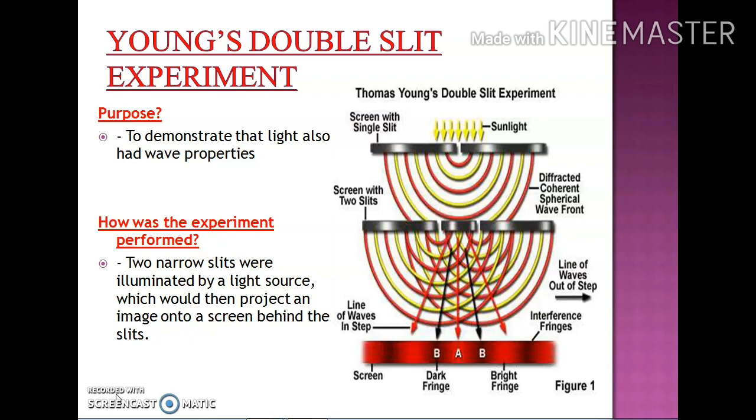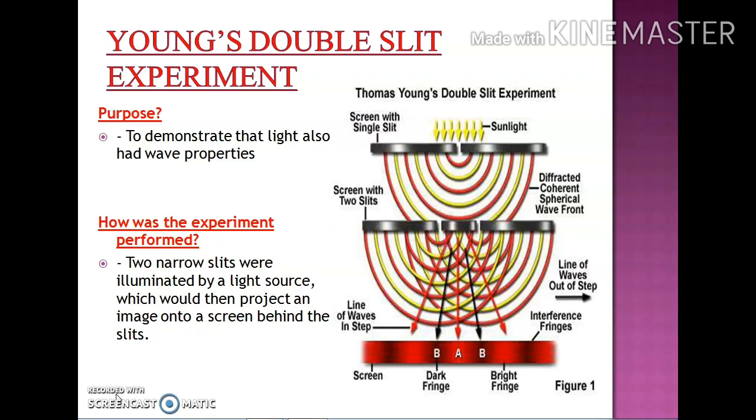These waves superimpose with each other, and at the points where the crest of one falls over the crest of the other, or the trough of one falls over the trough of the other, the resultant amplitude is maximum and light intensity would be maximum. These points will be obtained as the bright fringes on the screen, and these regions are known as regions of constructive interference.